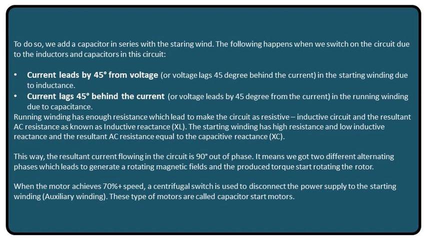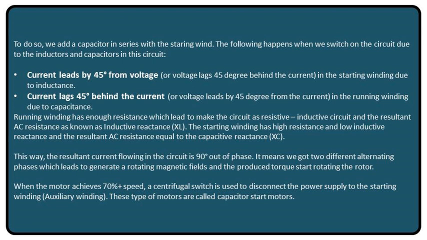Current lags by 45 degrees behind voltage, or voltage leads 45 degrees from the current, in the running winding due to inductance. Current leads by 45 degrees from voltage, or voltage lags 45 degrees behind the current, in the starting winding due to capacitance. The running winding has enough resistance to make the circuit a resistive-inductive circuit, and the resultant AC resistance is known as inductive reactance XL.